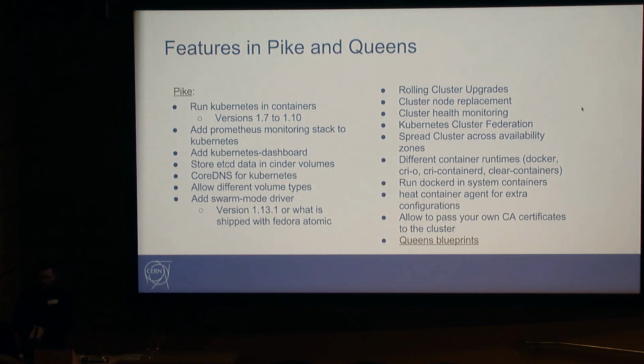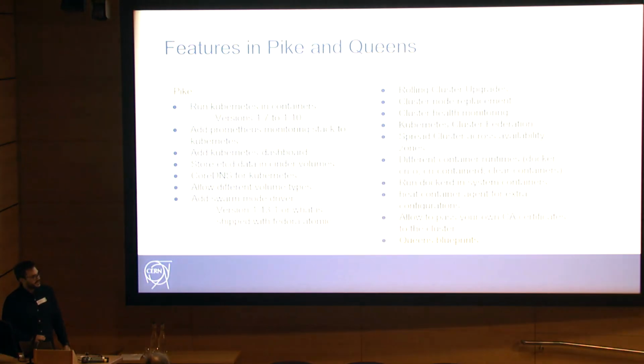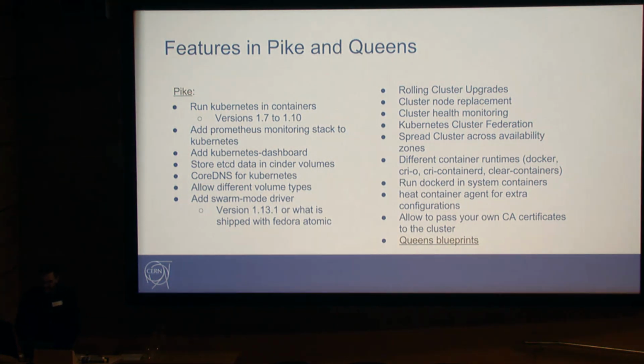For the Queens release, the main goals are the cluster upgrades, to be able to upgrade the clusters in a rolling fashion. And also try to implement cluster health monitoring and cluster healing.